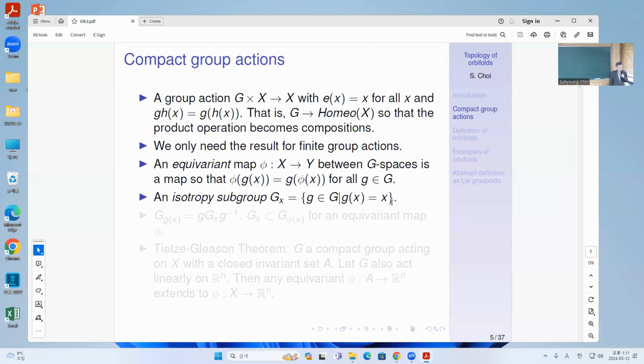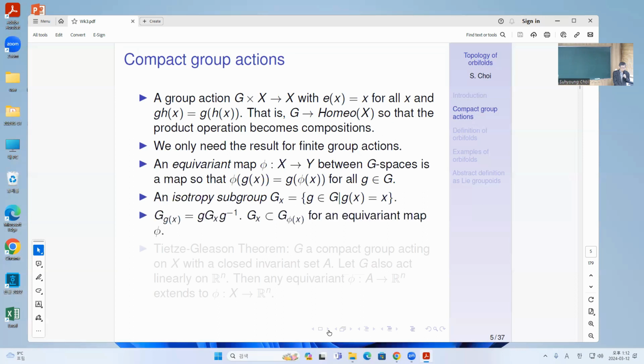And the isotropy group G_x is the set of elements of G which fix x. So given x, you want to look at all the elements which fix it. This is again a group, because if you do any composition, the composition will fix x, and the inverse will also fix x if g fixes x. If you multiply by g inverse, then you get g inverse x = x.